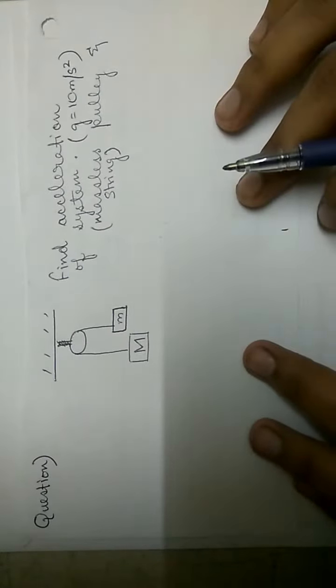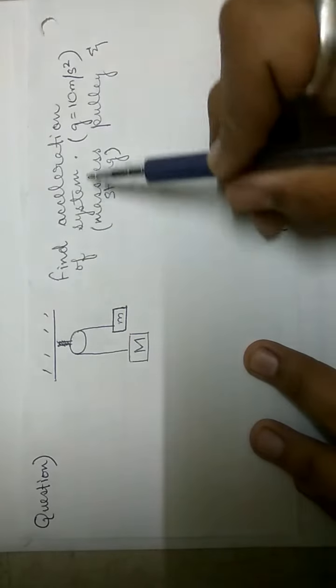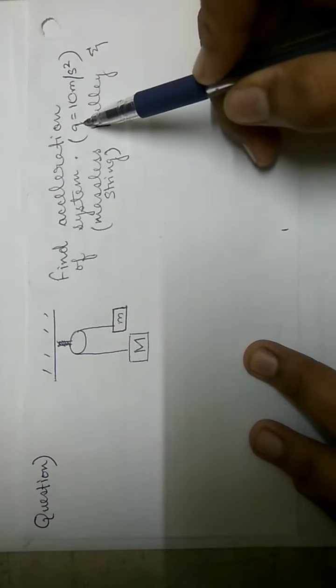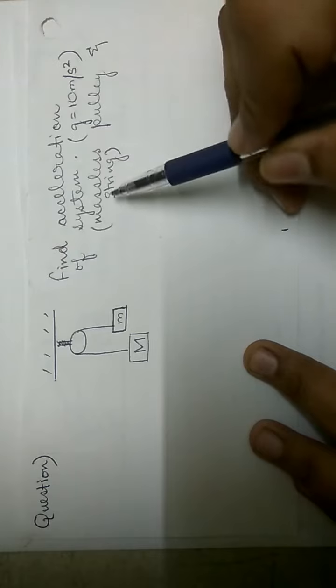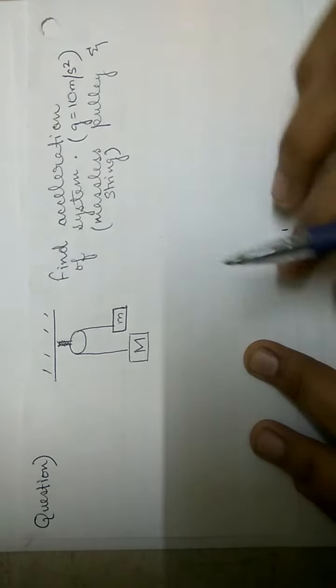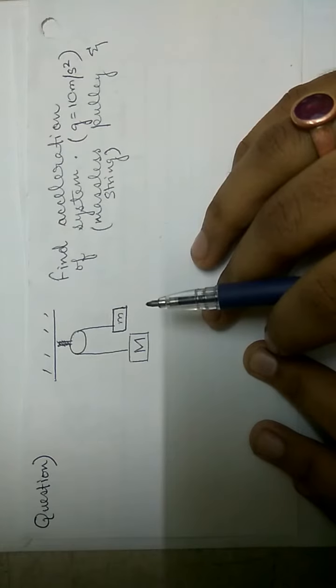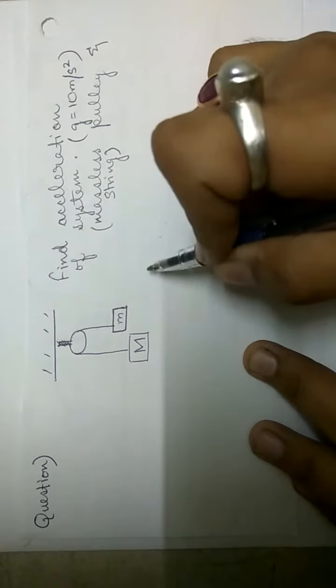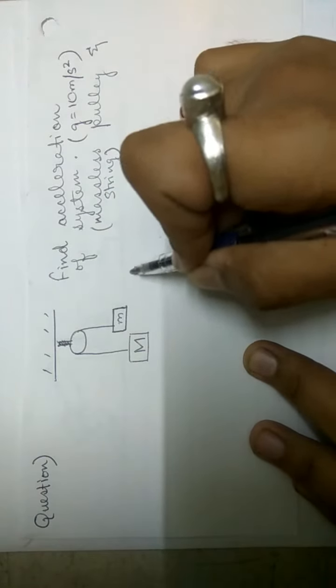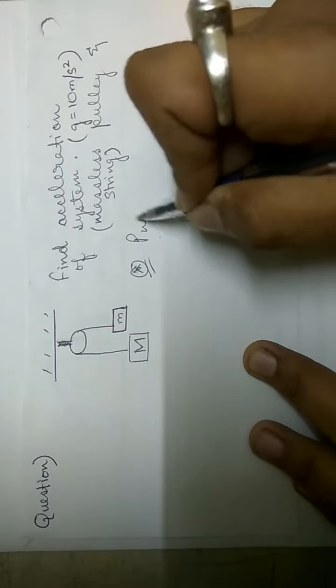Now, let us solve a question. We have a question like this. Find the acceleration of system, and we are given g is equal to 10 meter per second square. The pulley and string are massless. So as to solve these kinds of questions, it is very easy to solve using the pulling force method.